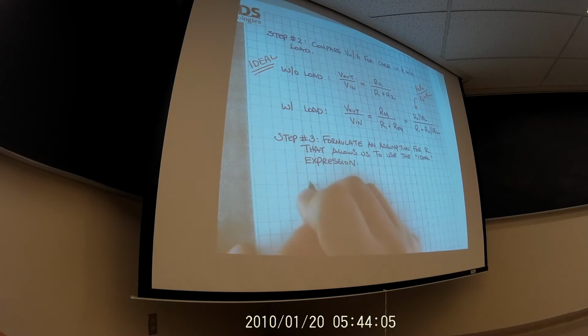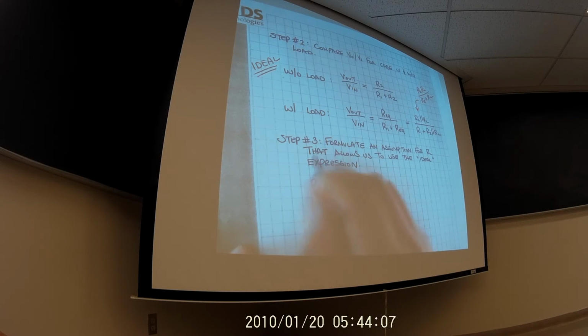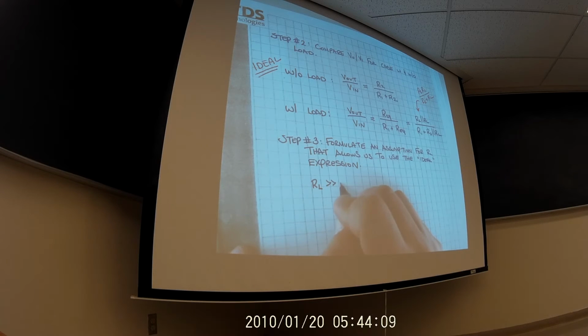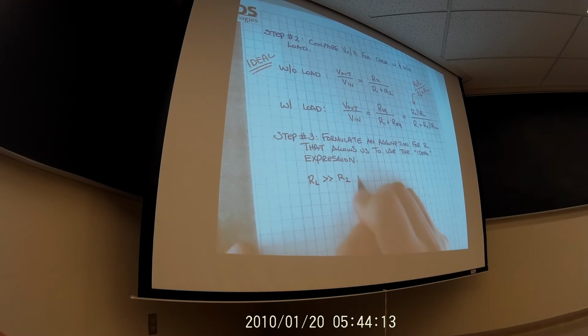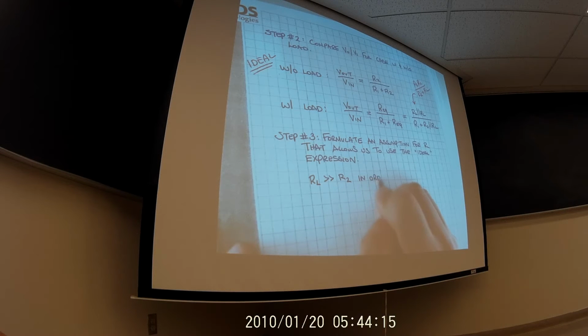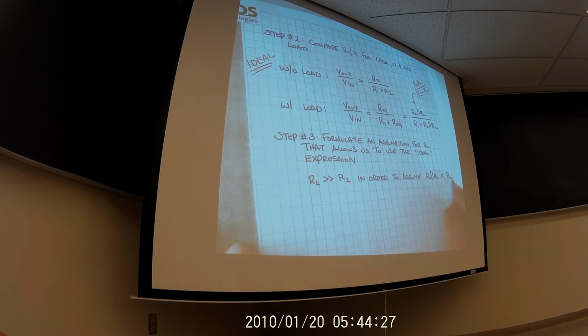Normally what we're going to say is that we want RL to be at least 2 orders of magnitude larger than R2 in order to assume that the combo of R2 and RL is approximately equal to R2.